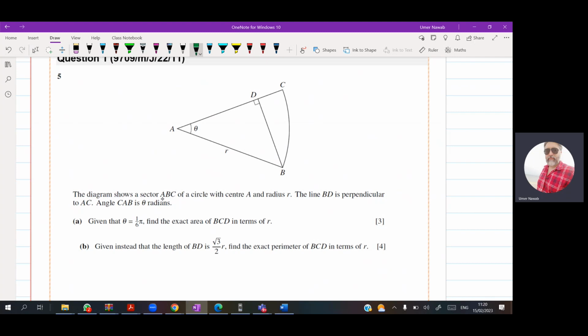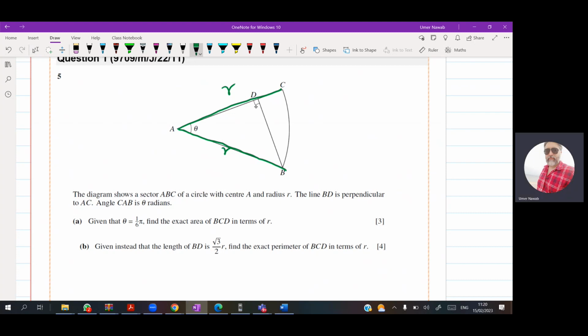The diagram shows a sector ABC. This is a sector. Done. If he gives you a sector, he must tell us about the radius. Yes, the radius is R, and this is also R. The line BD is perpendicular to AC.